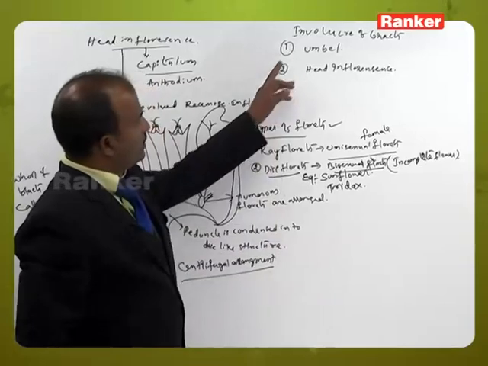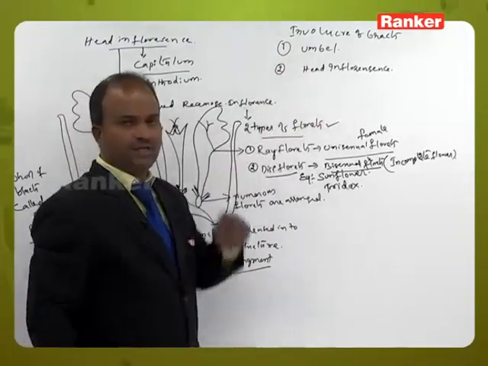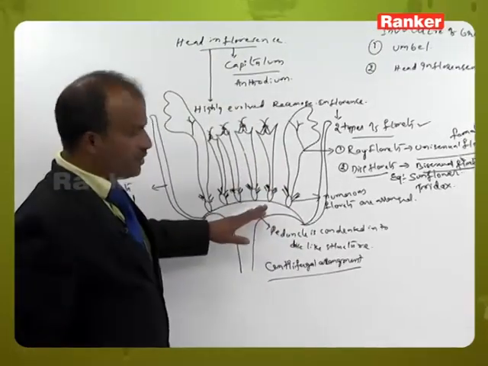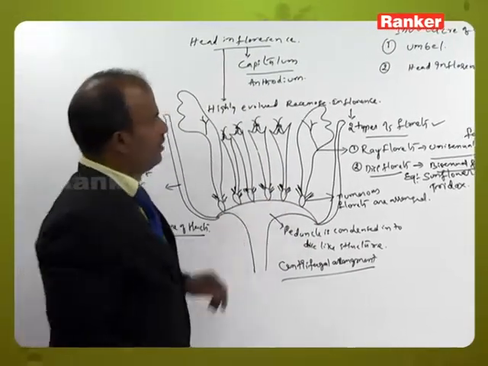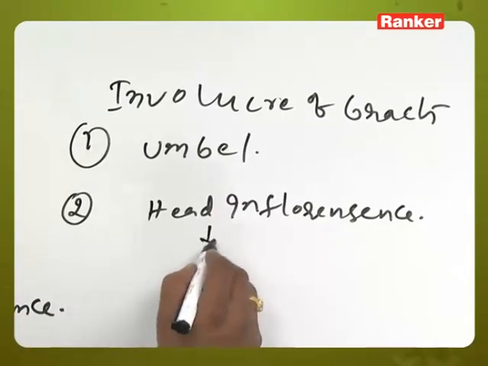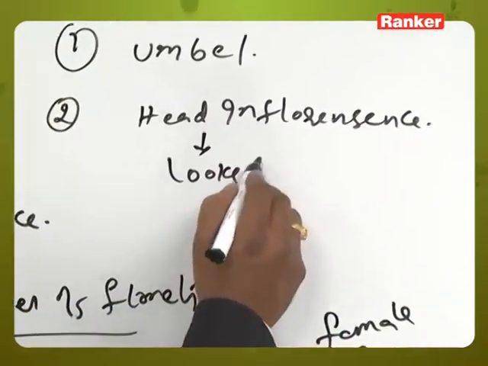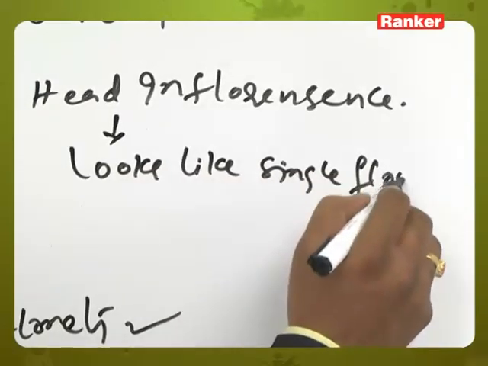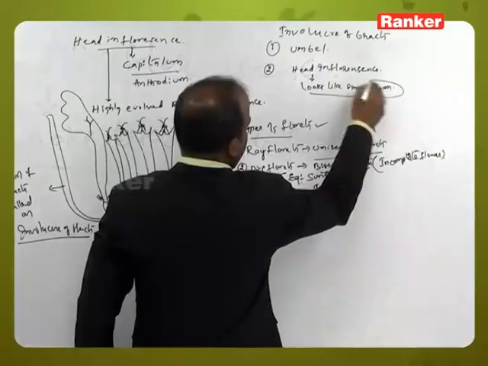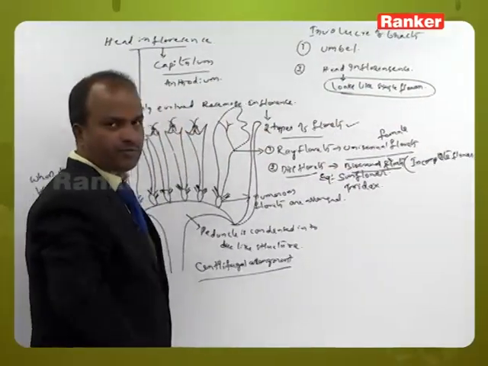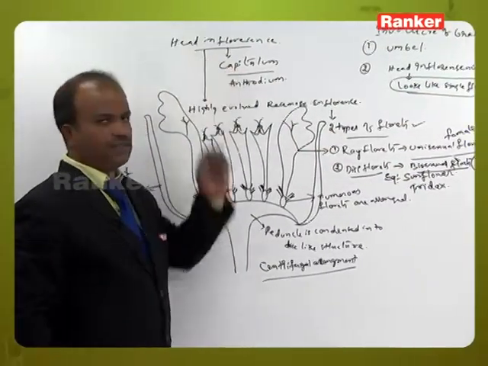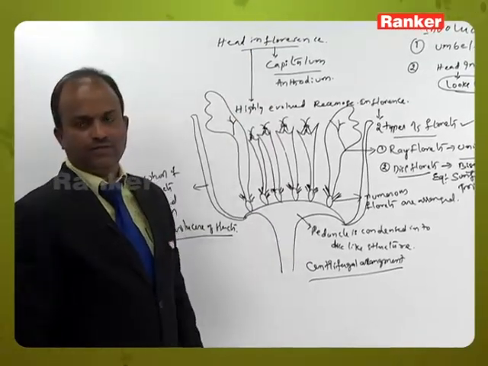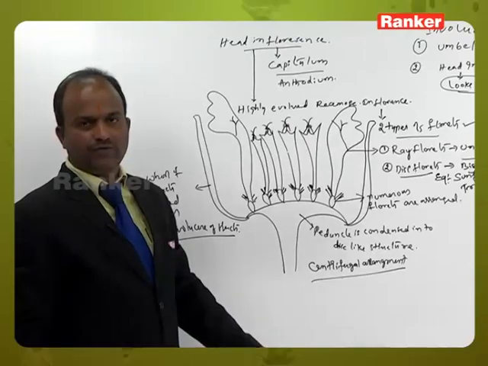Involucre of bracts is present in umbel as well as head inflorescence. Now this head inflorescence looks like a single flower, and it is one of the most important points. And this is about head inflorescence.